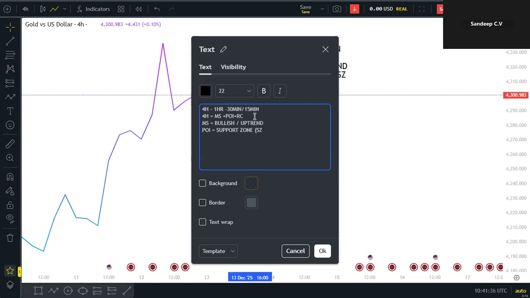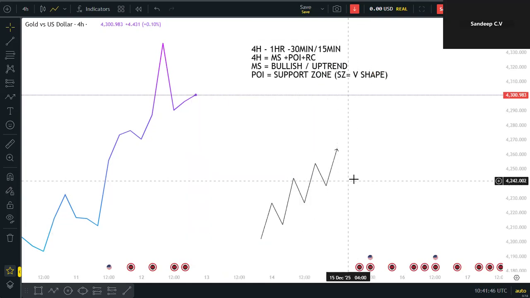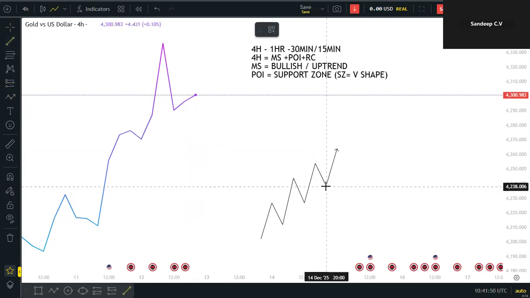An XZ is a V shape. Remember the last time we said the RZ is an upside down V. Now, for a support zone, it is a V shape.